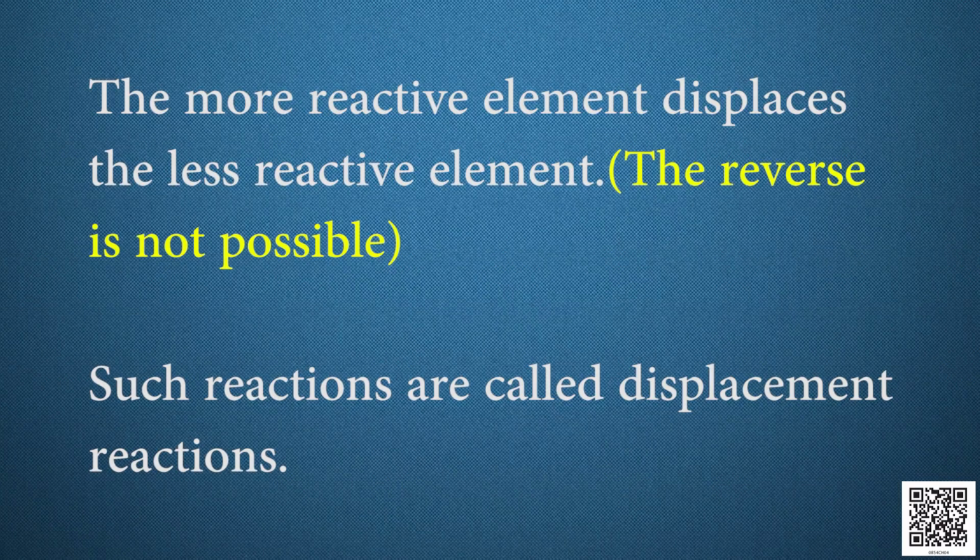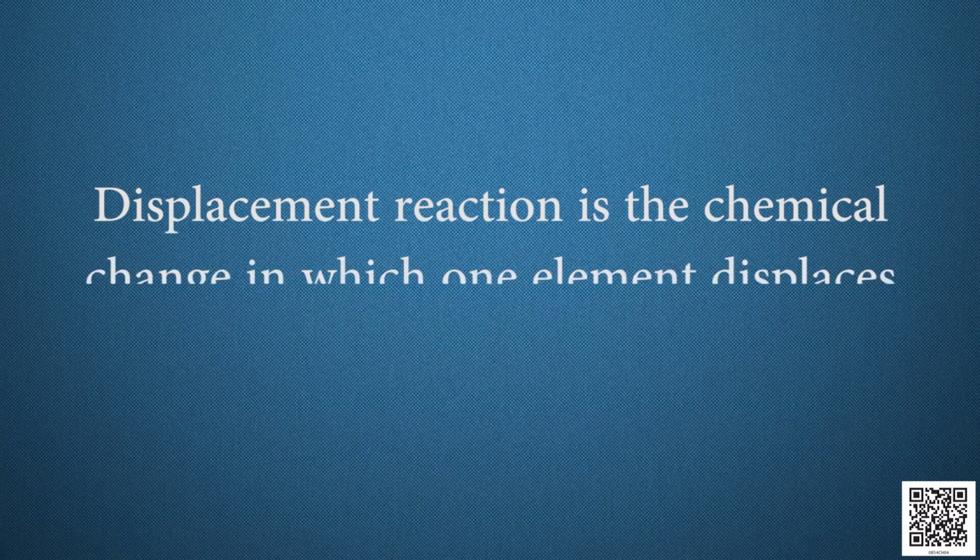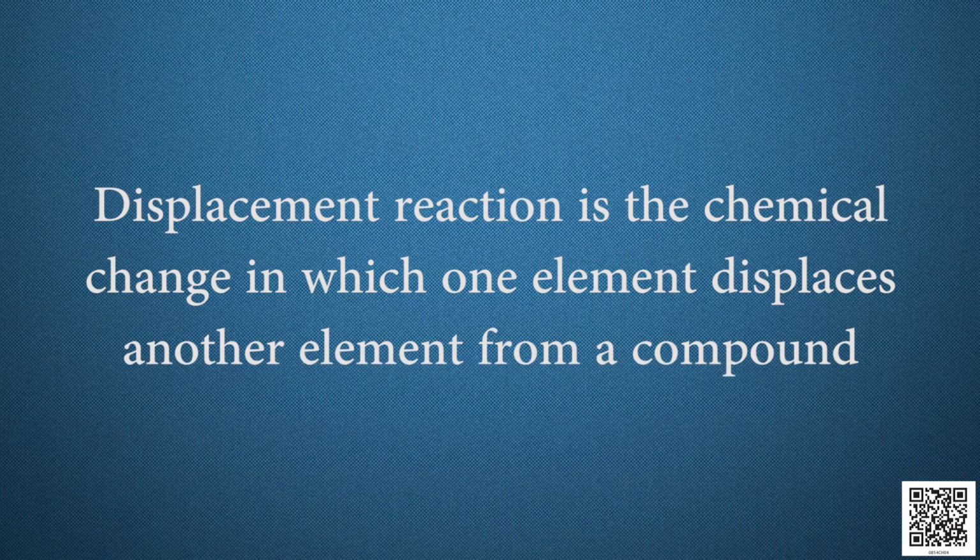A similar situation exists here also. That is, the more reactive element displaces the less reactive element. Such reactions are called displacement reactions. A displacement reaction is a chemical change in which one element displaces another element from a compound.